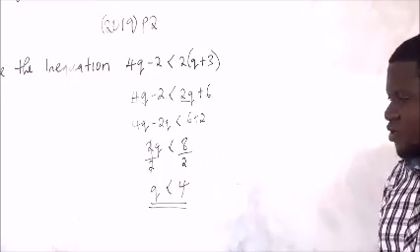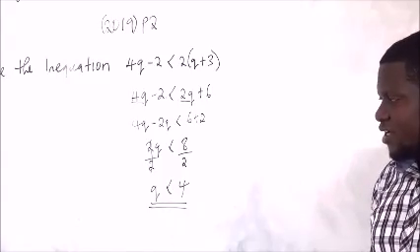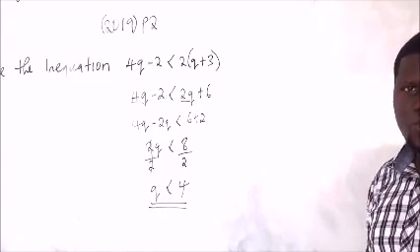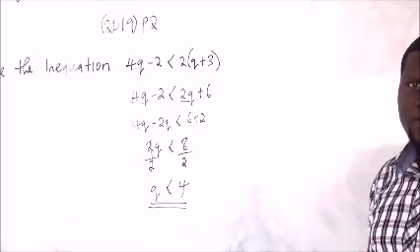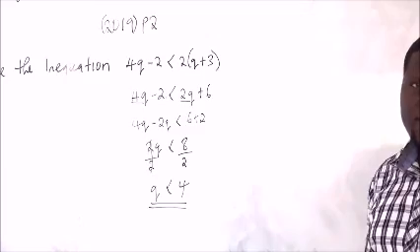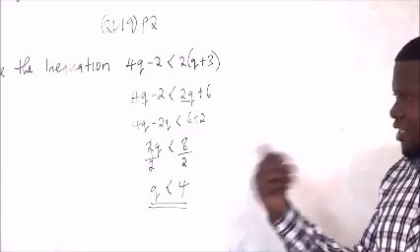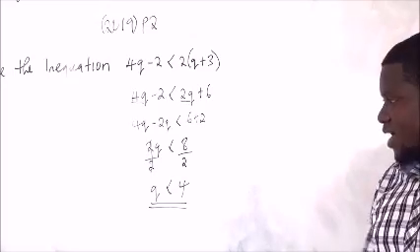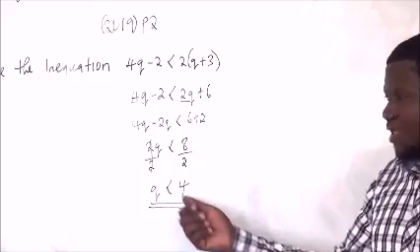If it was negative, as we divide, we expect the symbol to change. If the coefficient of q had a negative sign, we expect the symbol as we divide to change from less than to greater than. But this time around, we just leave it the way it is, as the coefficient of q is positive, and nothing will change.